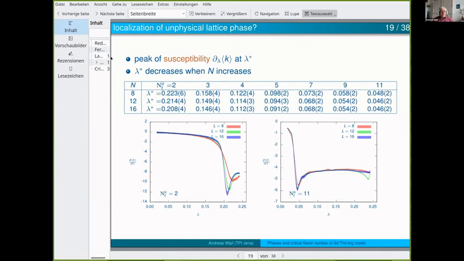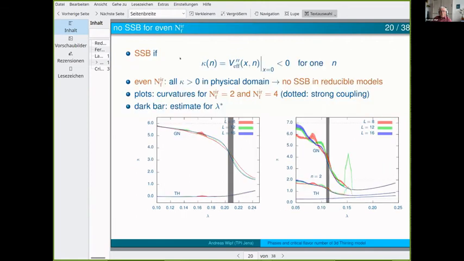And then, using different methods, we can calculate the critical coupling for this phase transition. But this is not a phase transition of the continuum model. This is a phase transition of the, we would say in field theory, lattice artifact, which actually may be interesting in a solid state, because there you don't take the continuum limit, of course. And this critical coupling decreases with the number of flavors.